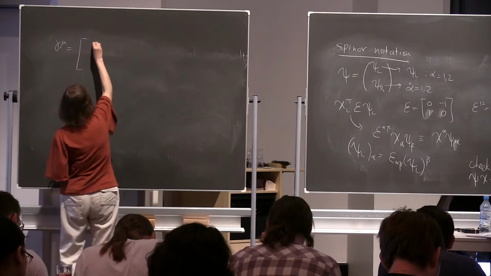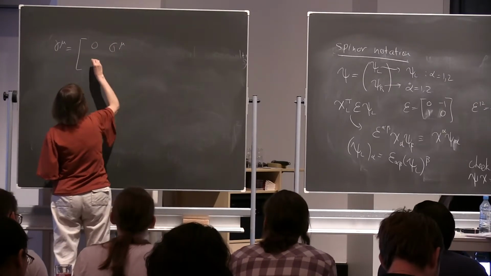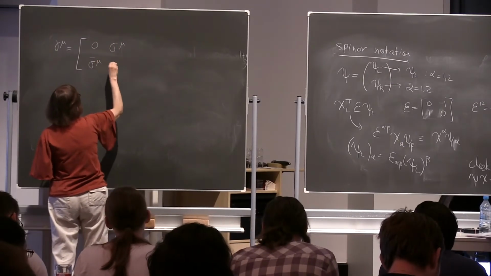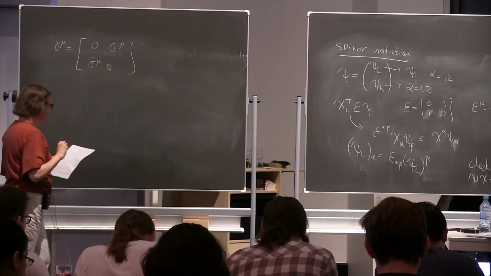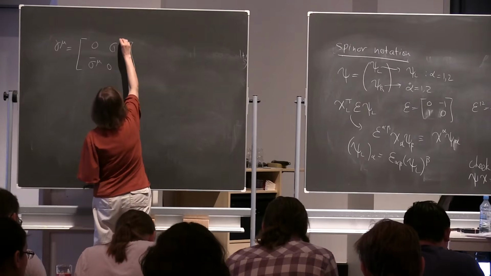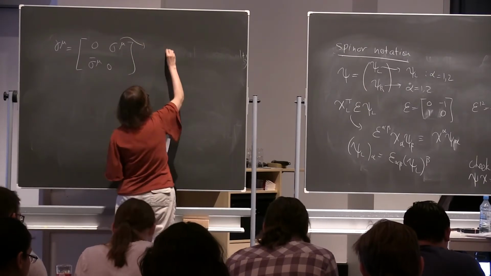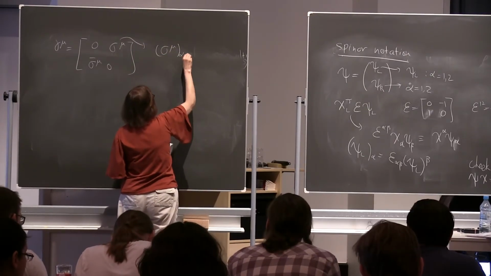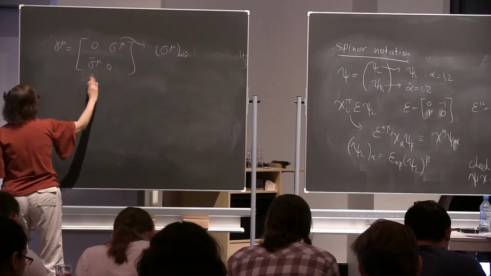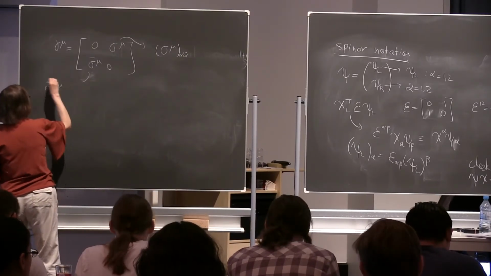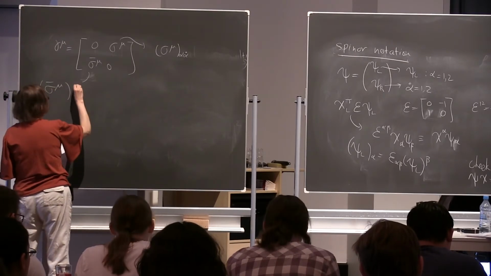So the gamma matrices I can write as 0, sigma mu, sigma bar mu, 0 in block diagonal form. So these guys are sigma mu alpha, alpha dot. And these guys are sigma bar mu alpha dot alpha.